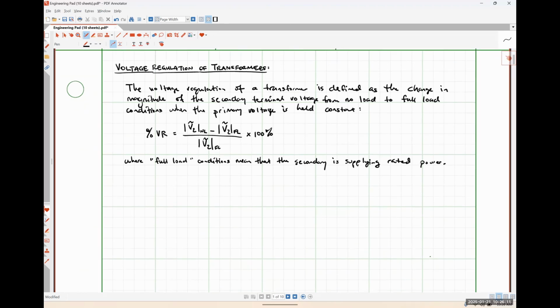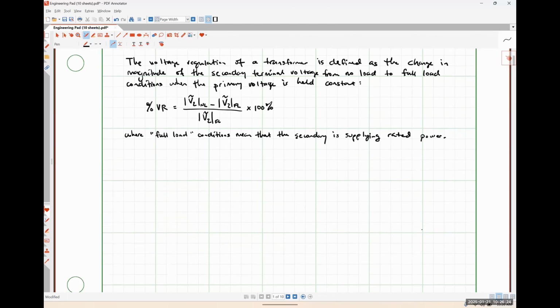if I were to draw a circuit here, transformer equivalent circuit. So on the left-hand side here, I'm going to have my supply voltage.